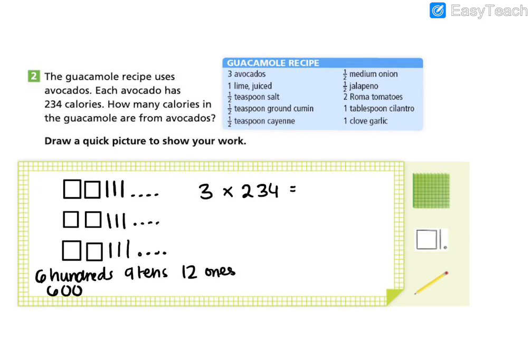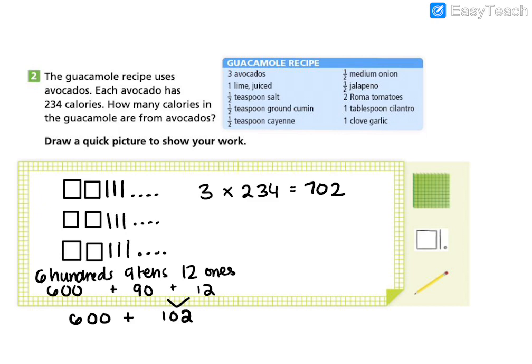So we can add 600 plus 90 plus 12. I know that 90 plus 12 will equal 102, plus 600. So my total would be 702.